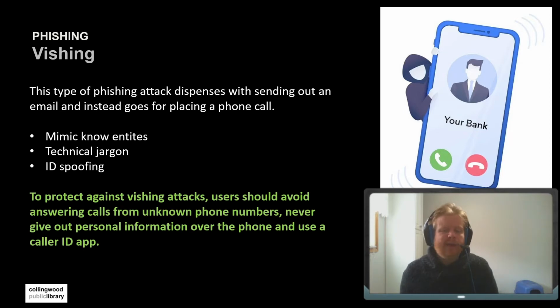They might, again, try to use that emergency or panic mode to get that information. And generally, they're going to use a form of ID spoofing. So when I look at the phone, it might even say the bank or that company or whoever, but they are using technology to fool your phone.